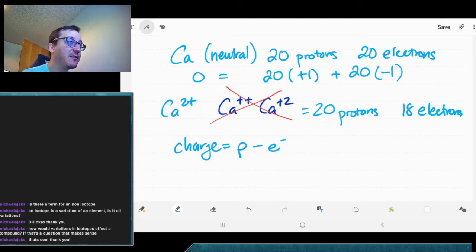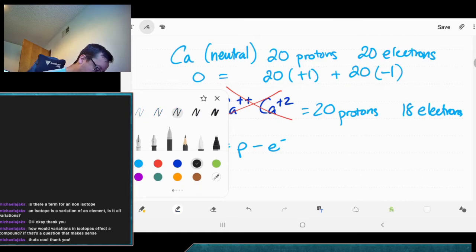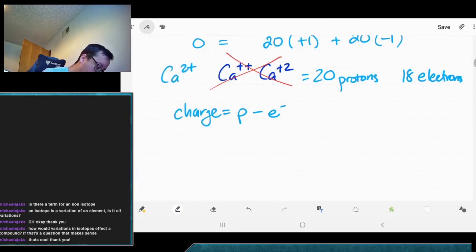So sometimes you'll have more electrons than protons. That'll give you a negative charge. Sometimes you'll have fewer. That'll give you a positive charge. Or you can have 0, which will be neutral. So we're going to see, just in general, ions come in 2 types. We call them cations.